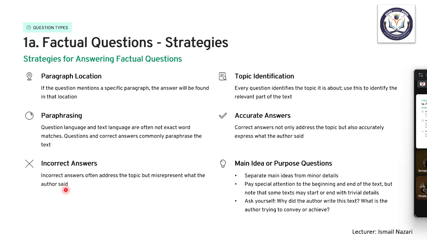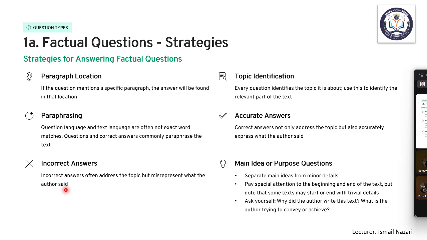So main idea is the main argument or the central argument of the passage, but the purpose is the reason a specific information is mentioned. The reason and the central argument, they're two different points. So we have to distinguish them and pay attention to that one.